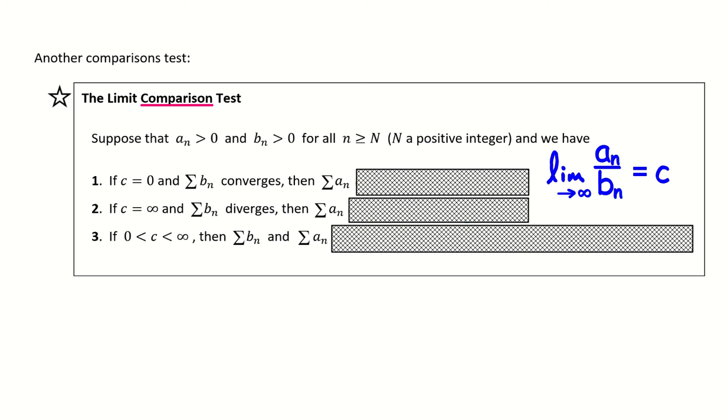So just like the direct comparison test, you have to come up with a different series, probably a very similar series actually, not totally different, to compare with your series. But let's see how this one differs from direct comparison. Suppose that your series... well, let's wait a second here.